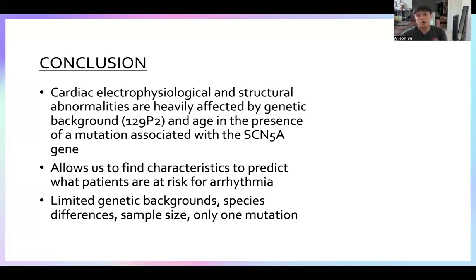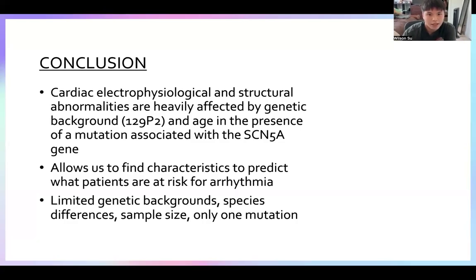The weaknesses that I do want to point out in the study are that the sample size wasn't the biggest, and also what I meant by limited genetic backgrounds and species differences: first off, we had to use a mouse model, which is an animal model, because you can't necessarily do it on humans because of all the other cofactors like diet or everything else that you can't control, and it's a small sample size amongst humans.